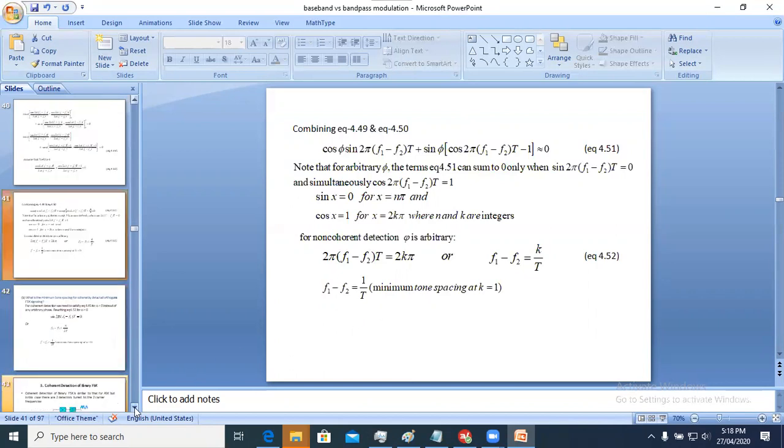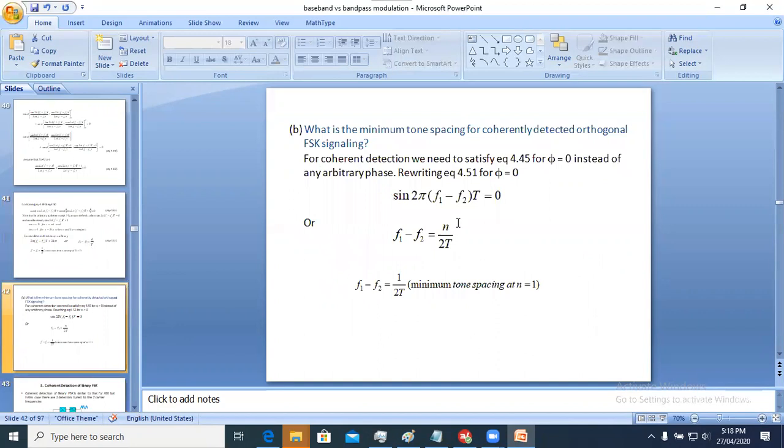For coherent detection, the tone spacing is taken by considering phi equal to 0, and this 2 pi component would be a multiple of n pi.